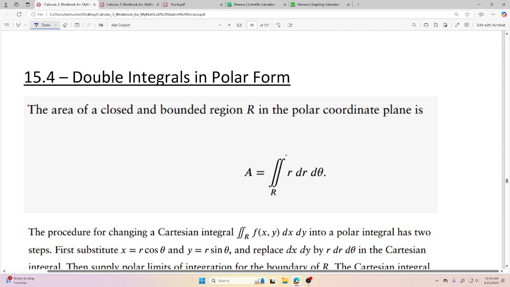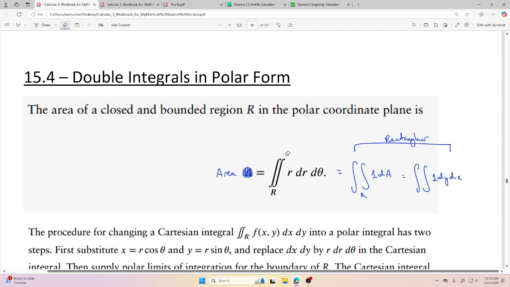So A stands for area. You can find the area using this new formula. And I'm going to even give you the other formula that we've been using, this one right here, or if you want to be more explicit, it's dy dx. These are both rectangular, and that's what we've been doing for a while.